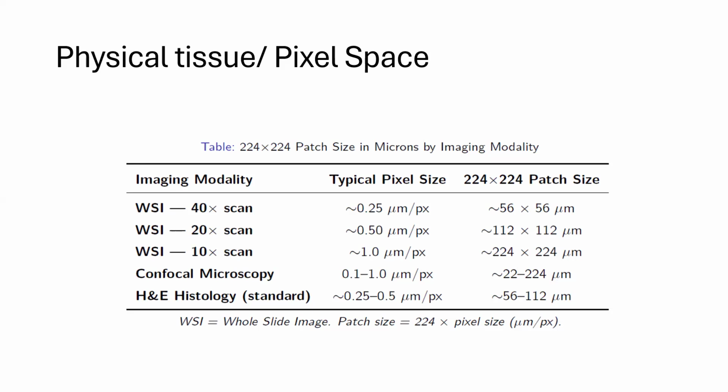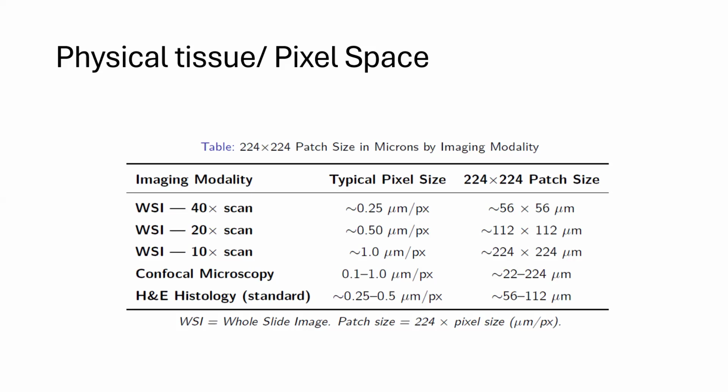You will get a physical size of only 56 by 56 microns. Why is it significant? Because in a kidney image there are several tissue parts, like the loop of Henle and glomeruli. Each has a physical micron size, so we have to understand that in order to detect it.